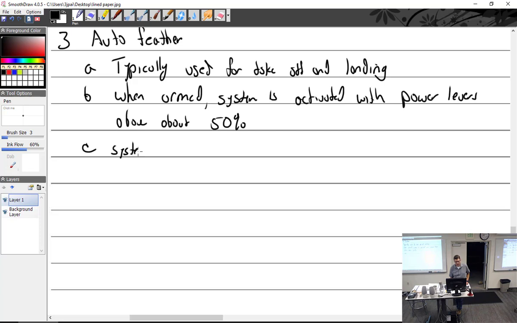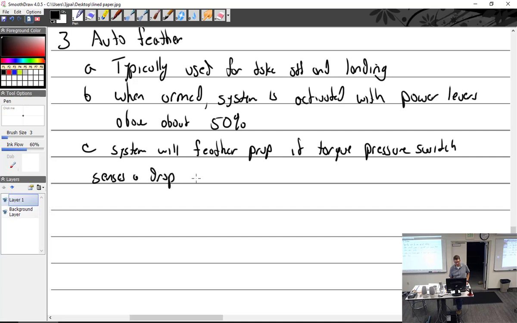System will feather prop if torque pressure switch senses a drop below a set limit. Thankfully, there is a time delay.